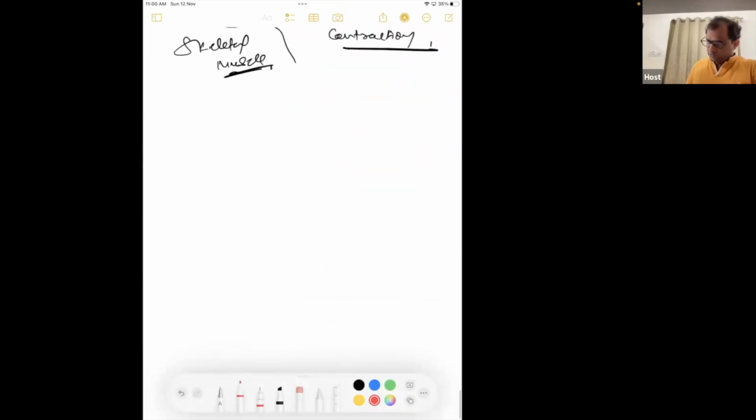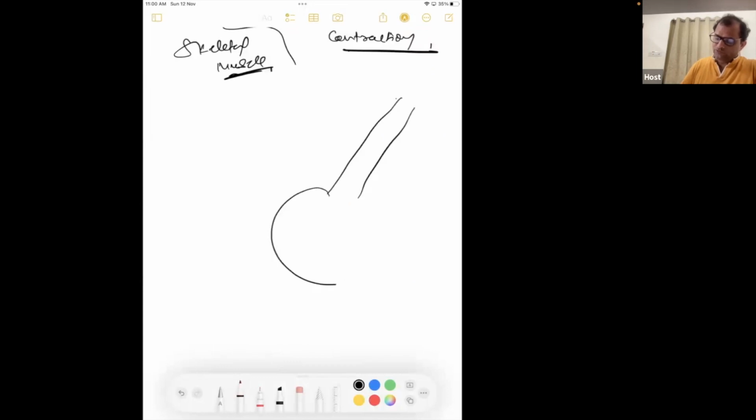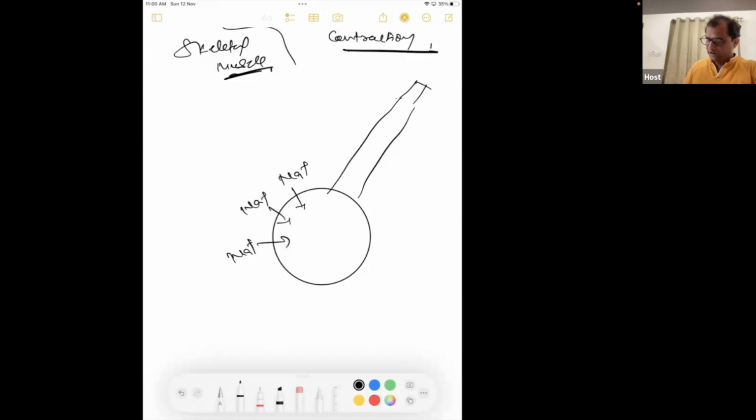Now we have to remember one thing. When the sodium goes in here, there is one friend of sodium. As soon as the sodium starts going in, there is a friend of sodium who also starts going in. And this is a very important friend. The name of this friend is calcium.